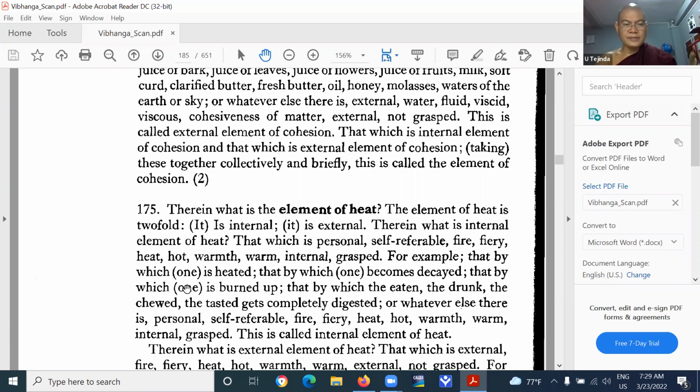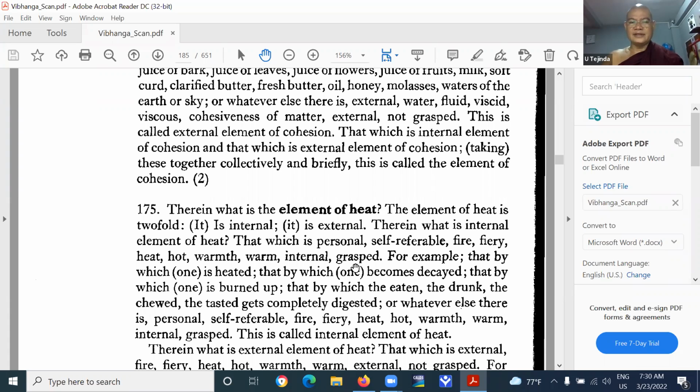Tejogada, Usma, heat. Usma gada, hot. Usma gada, warmth. Ajada upadena, here upadena means grasped.